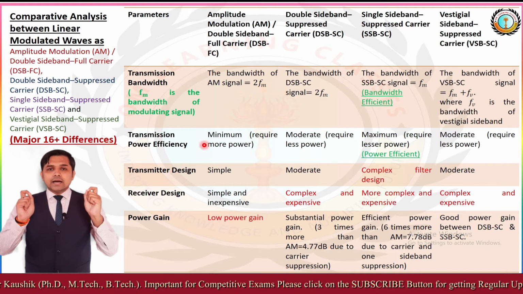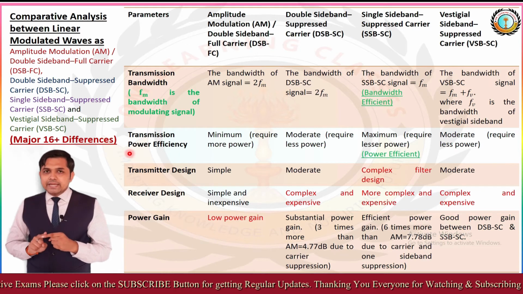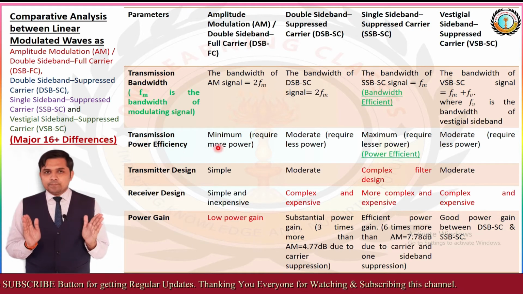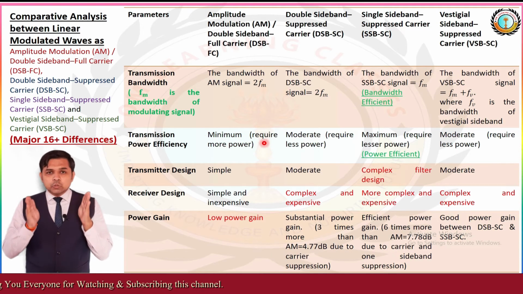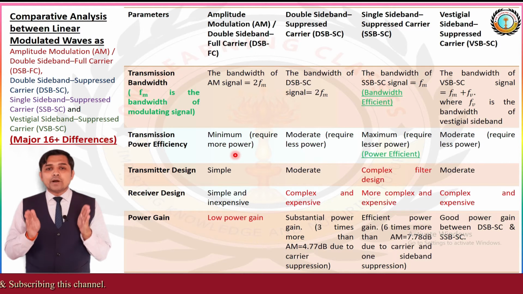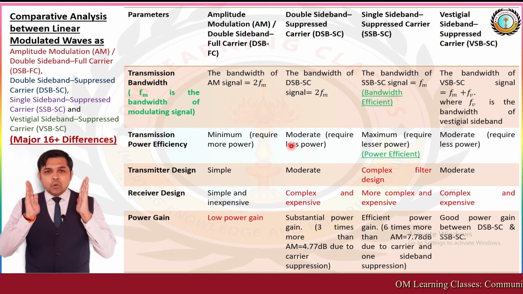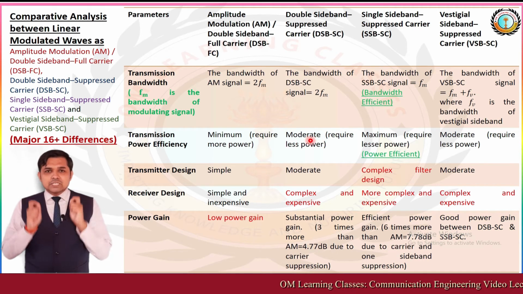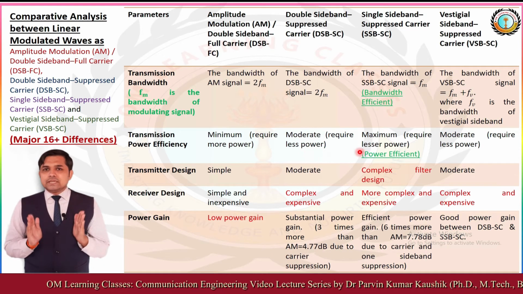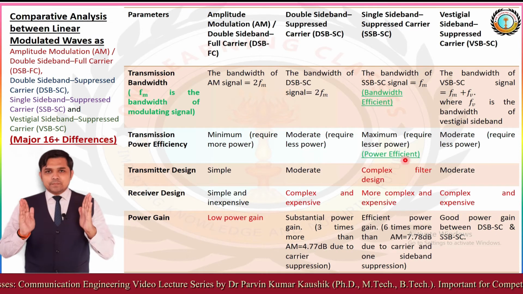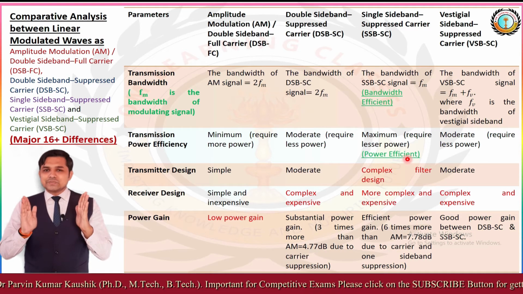Now we have another factor, that is transmission power efficiency. In DSB full carrier, it is minimum. It is minimum, meaning the DSB full carrier modulation scheme requires more power for its transmission. In DSBSC, it is moderate, requiring less power in comparison with DSB full carrier. And in SSB, it is maximum, meaning it requires less power for its transmission.